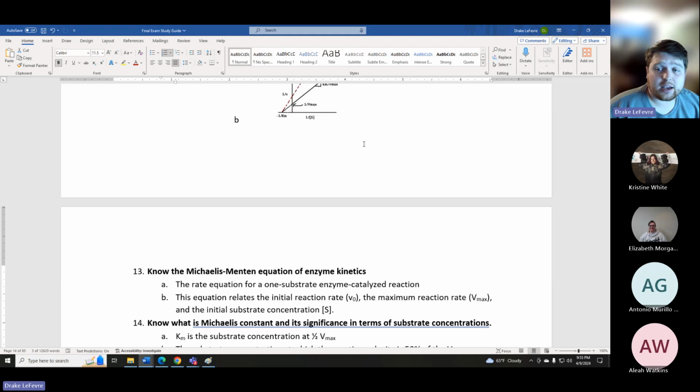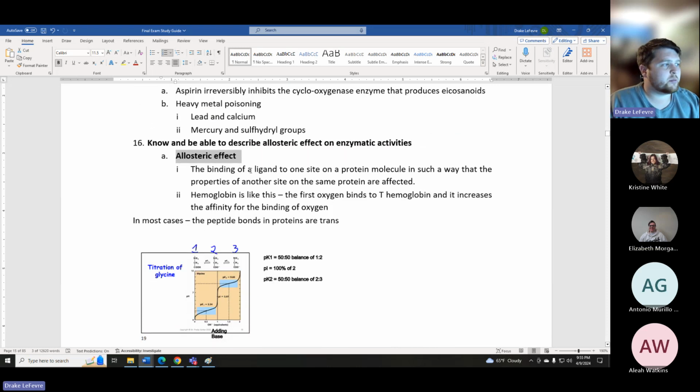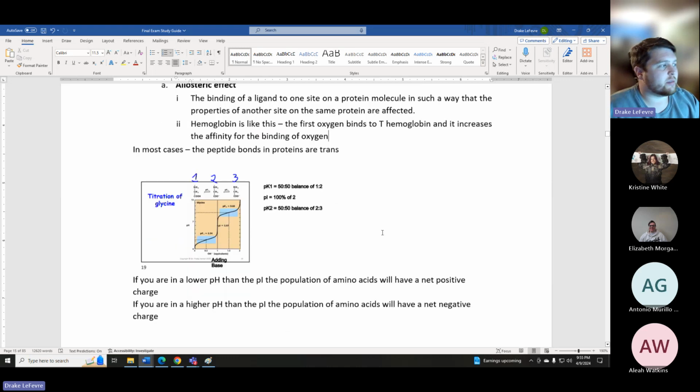Part of that is because some of the products go back and allosterically inhibit and stop enzymes from continuing production. So you get some allosteric effect depending on the reaction. All the reactions are different. You don't need to know specifically what allosteric reactions occur, but knowing what it is and getting it associated with that feedback loop.